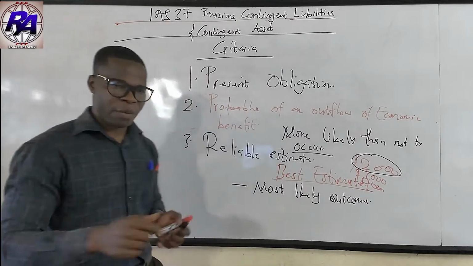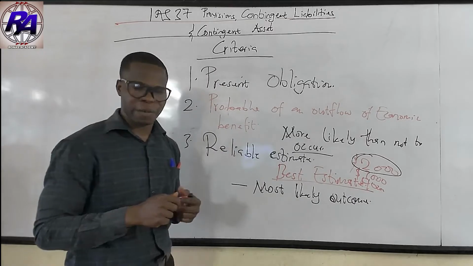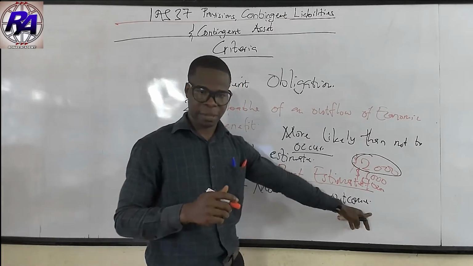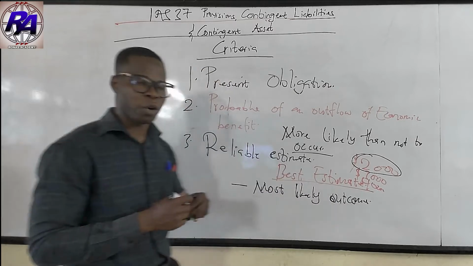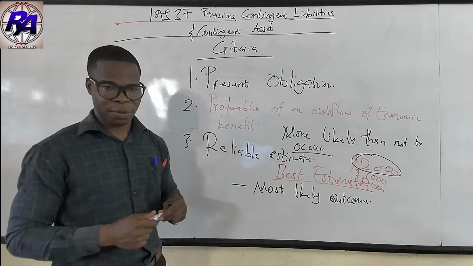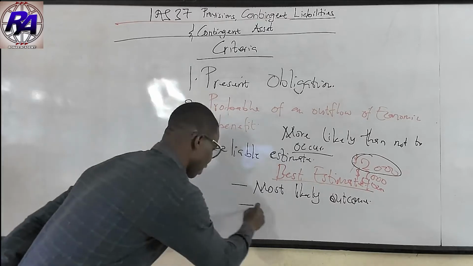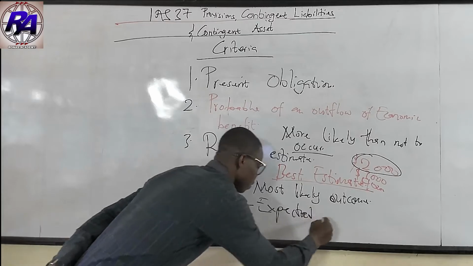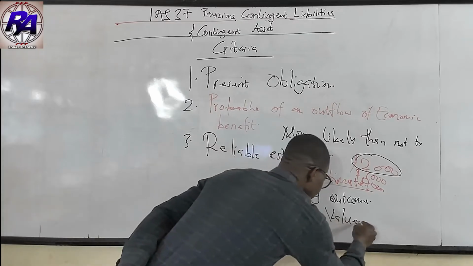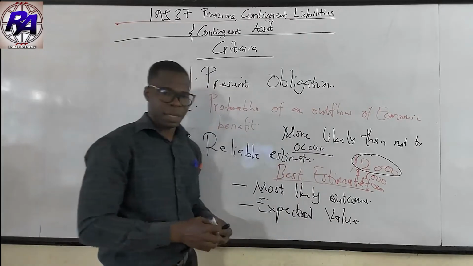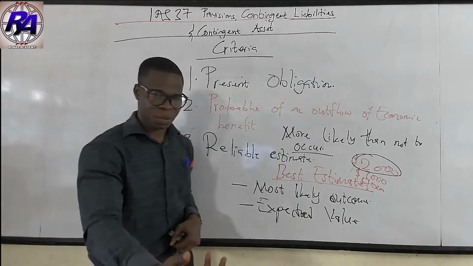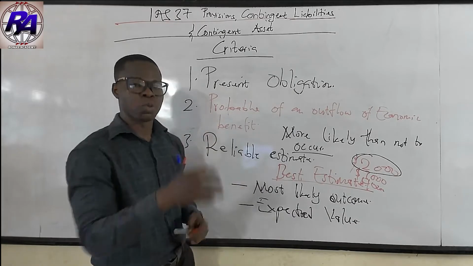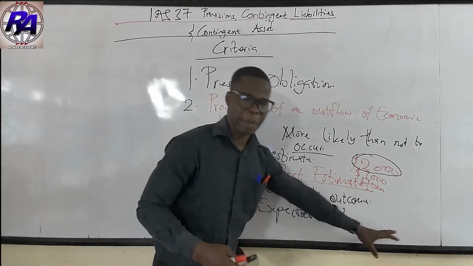In a situation where we are having more than one event, then the most likely outcome ceases to be relevant. Then we have to go for what we call expected value. So when the events are two or more, we are supposed to calculate the provisions for all of them and sum them up.